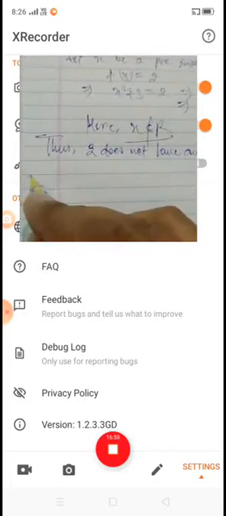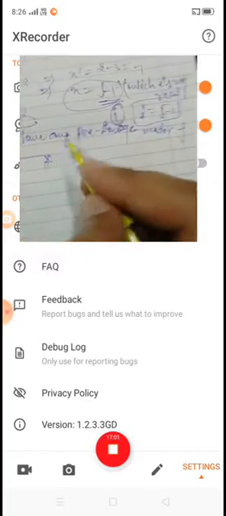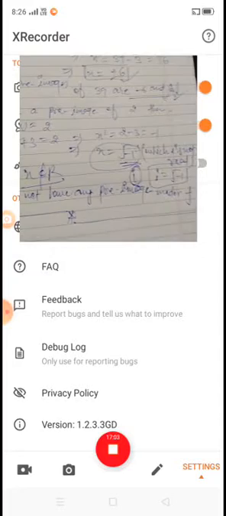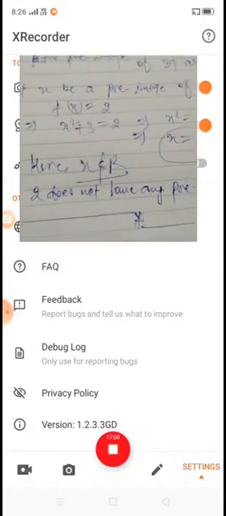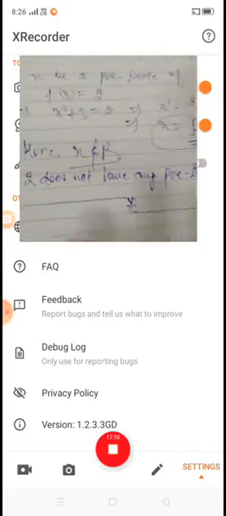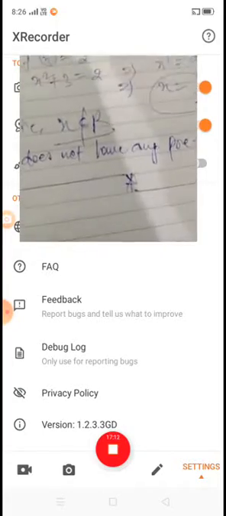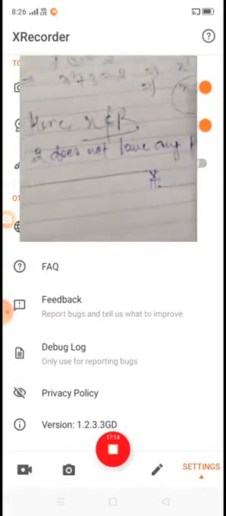This is your complete answer. So students, you can solve all the questions of your NCERT exercise based on the same concept. Now take some other question of NCERT.